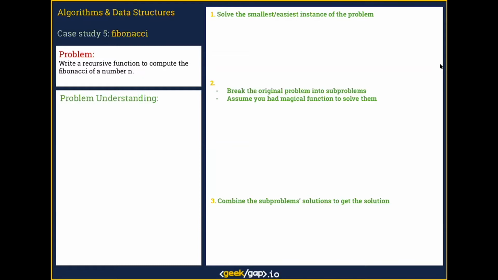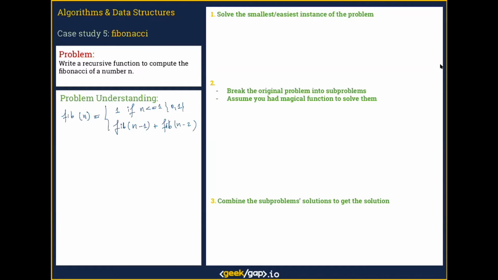It's perfectly okay to ask your interviewer what it is, and he may say something like, Fibonacci is the function defined such that it's equal to 1 if n is lower or equal to 1, and fib of n minus 1 plus fib of n minus 2 otherwise.